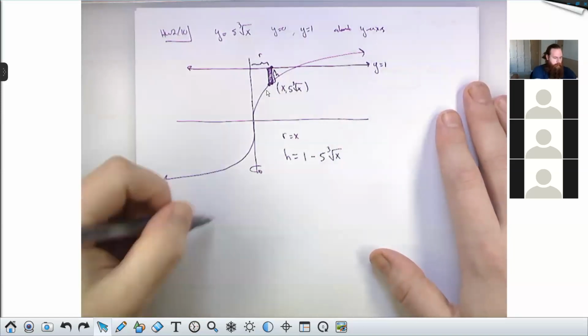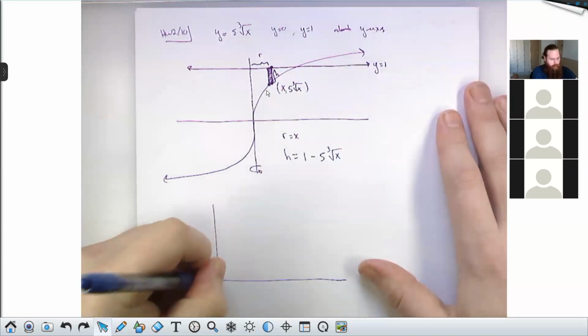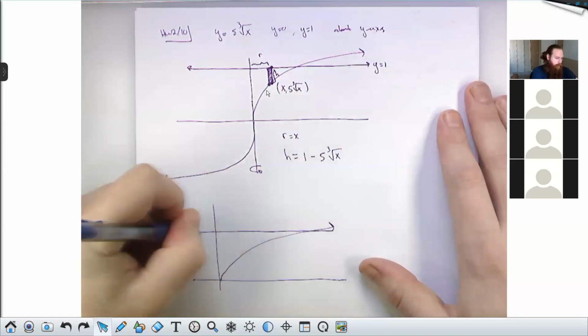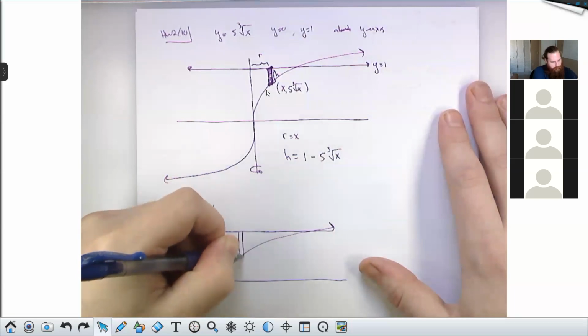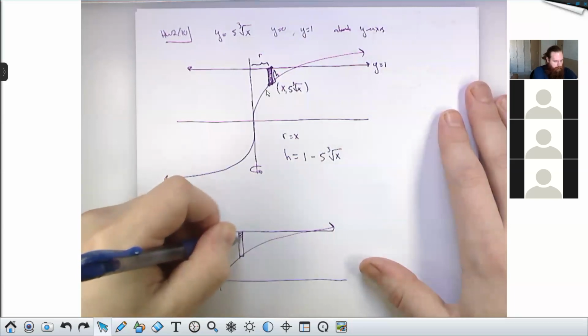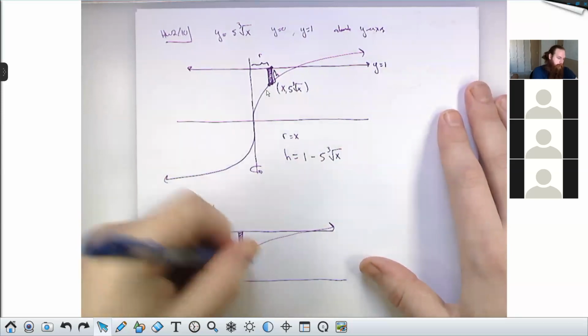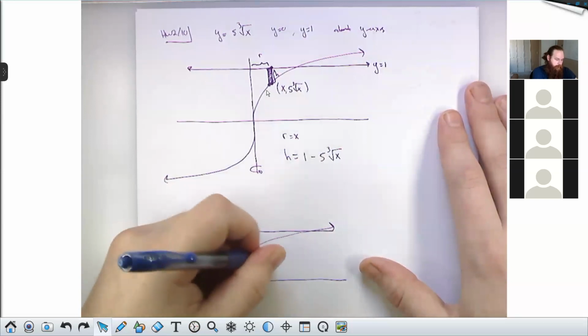So let me go ahead and zoom in on that region just for a second. And here's my strip. This is x comma 5 cube roots of x.